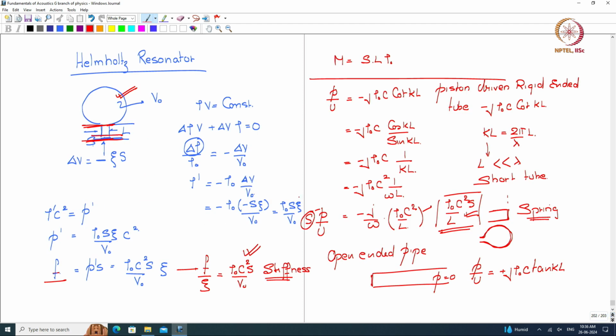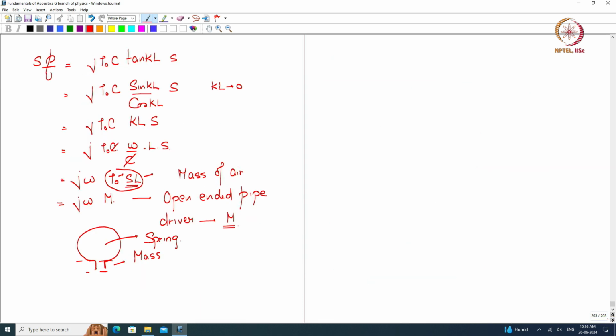So this is the value of the spring constant, rho 0 c square S square by V 0, and the mass in the neck is rho 0 SL.